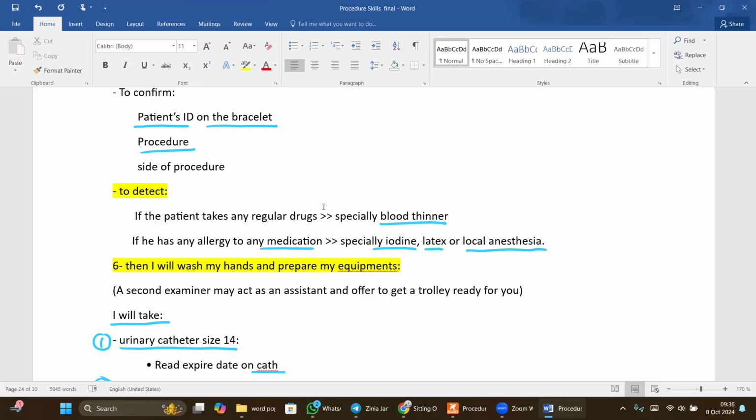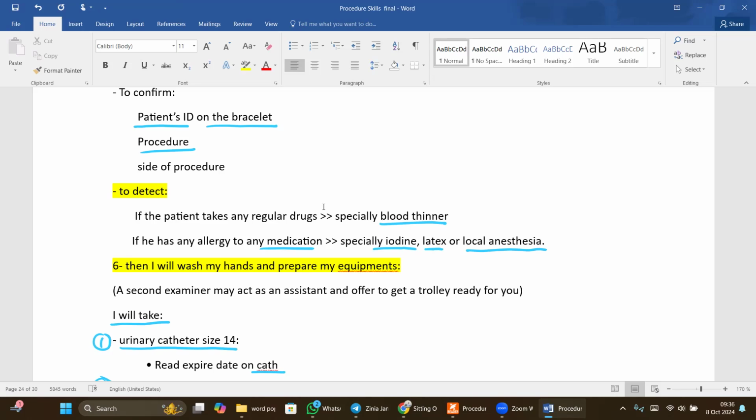Because to make the procedure sterile, initially we will give an iodine sterile wash, then the catheter we use is latex, and also the numbing agent xylocaine. So for these three we need to take their allergic history.